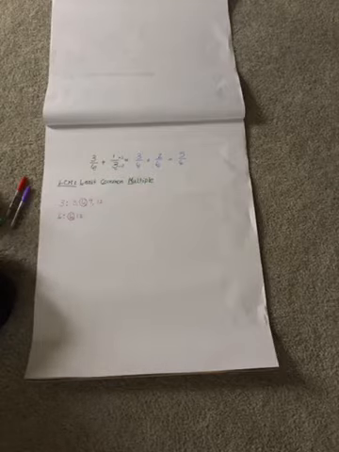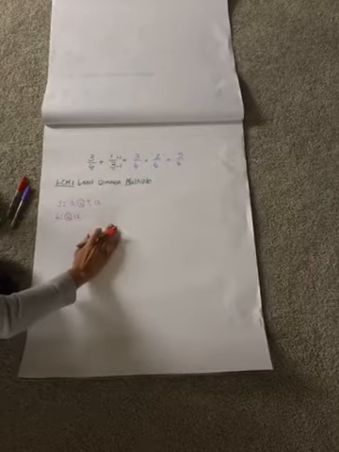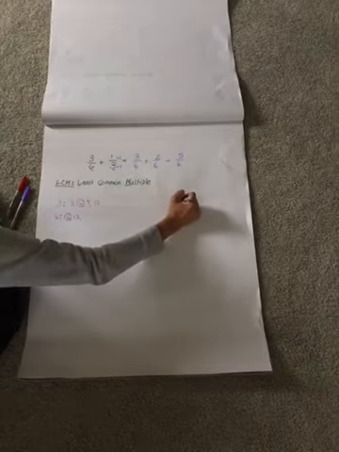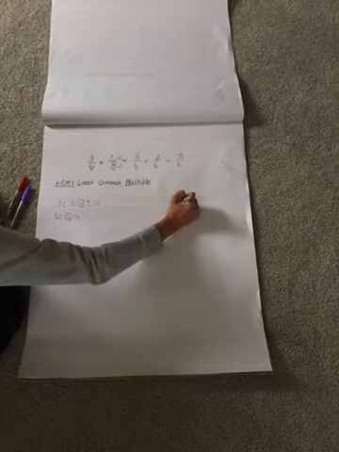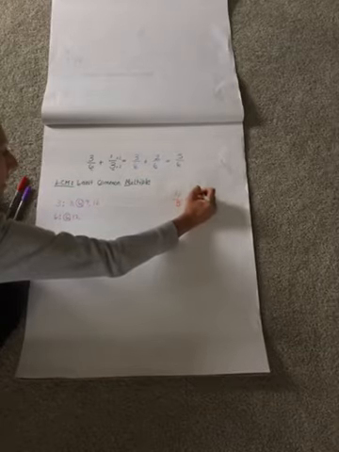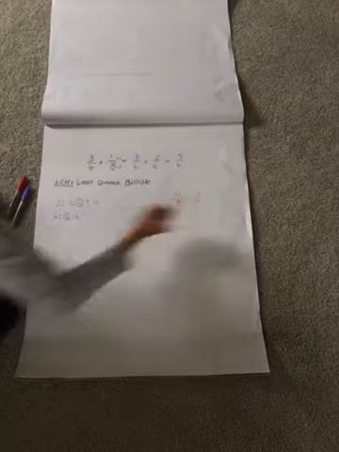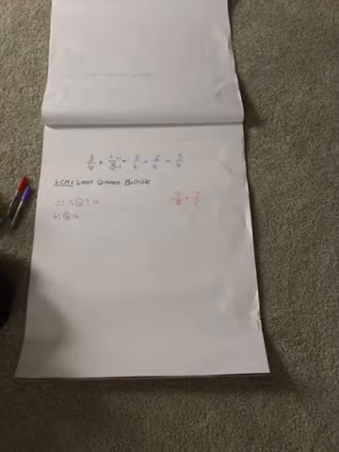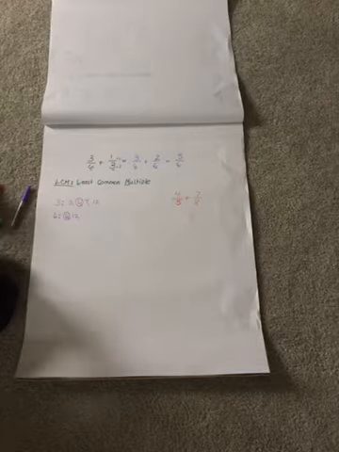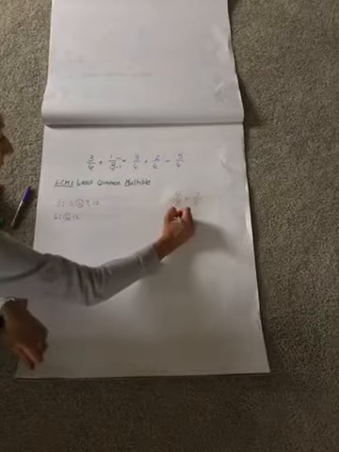Let's try another one. 4/5 plus 7/8. I have to find the least common multiple for 5 and 8. Therefore, I need to start listing my multiples.